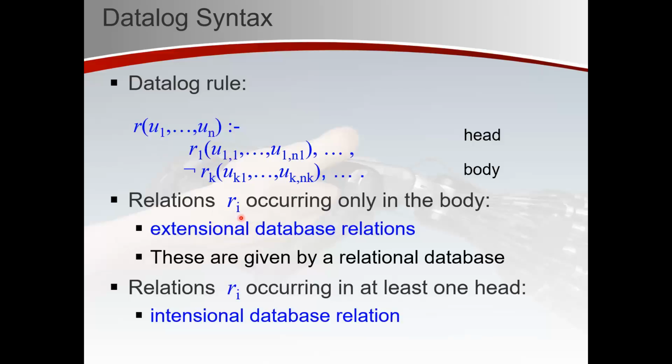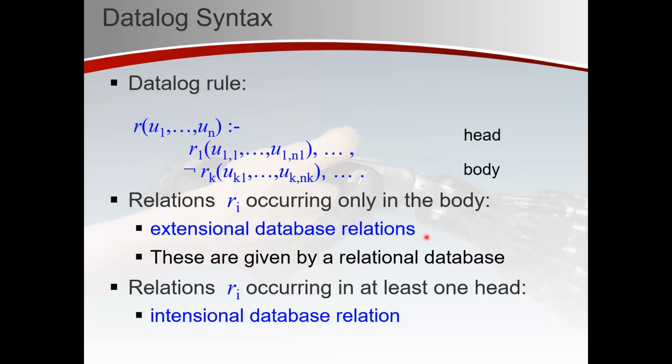If a relation Ri only occurs in the body, not in a head somewhere in the program, then it's an extensional database relation. So, for example, if we have our grandfather relation, we say X is the grandfather of Z if X is the father of some Y and Y is the father of Z. Then father has no rules.